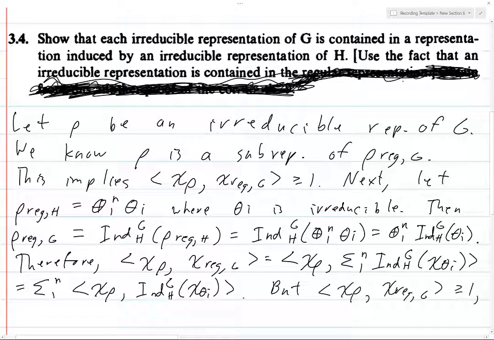We proved that already. So it must be that there exists an I such that chi rho induced from H to G of chi theta I is greater than or equal to 1.